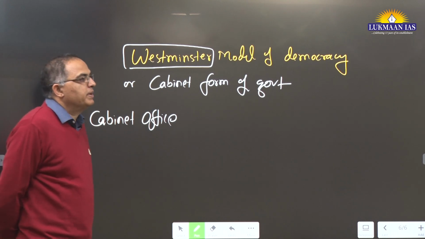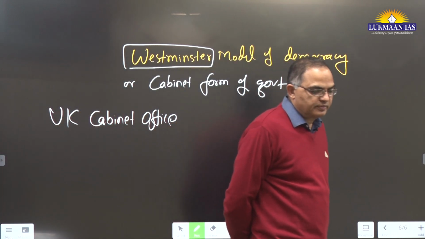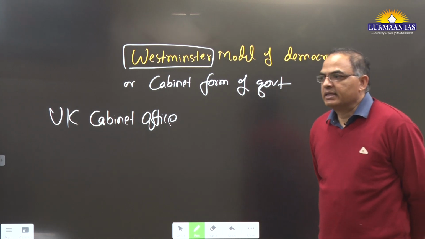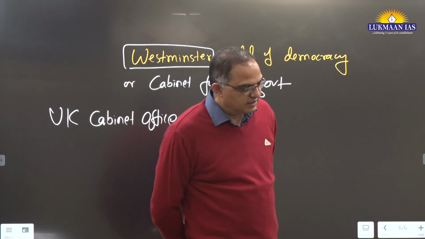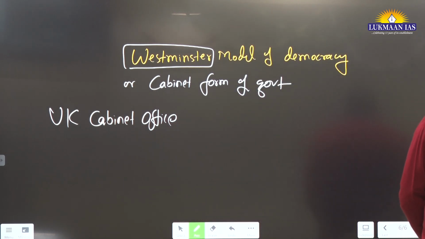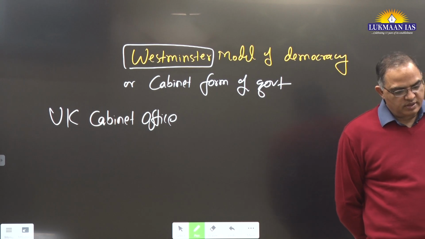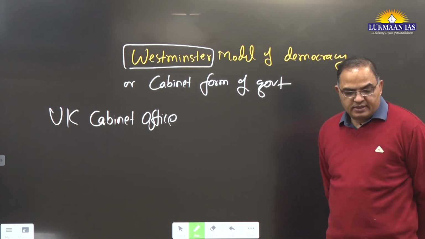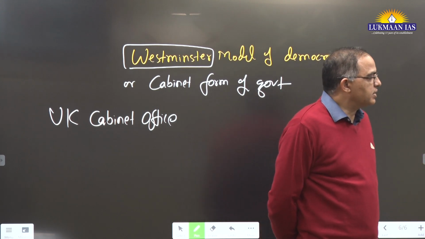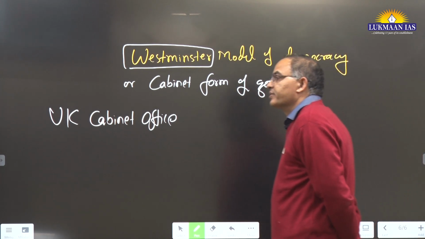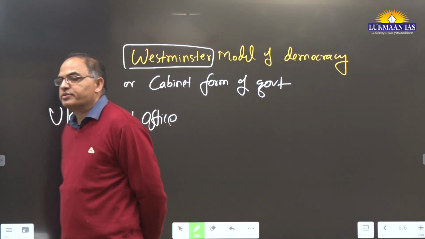Governed by a written constitution, in bracket, there are detailed enumerations. This side you can write largely run by conventions.